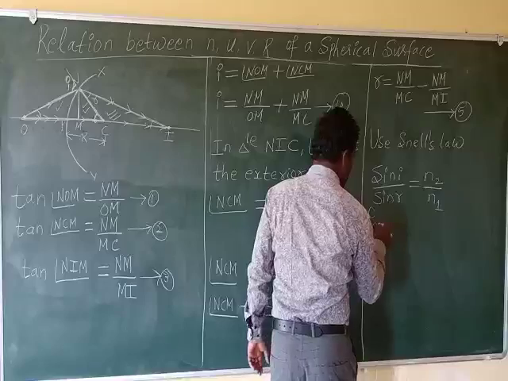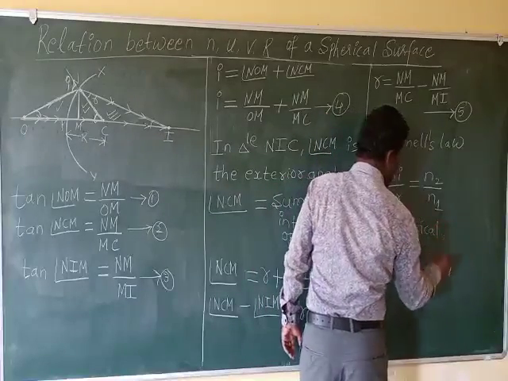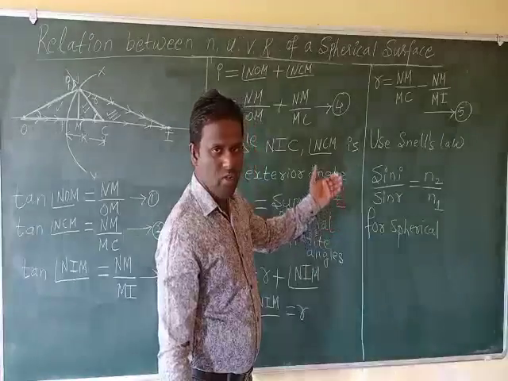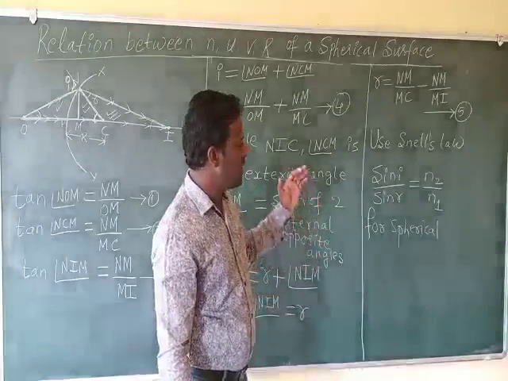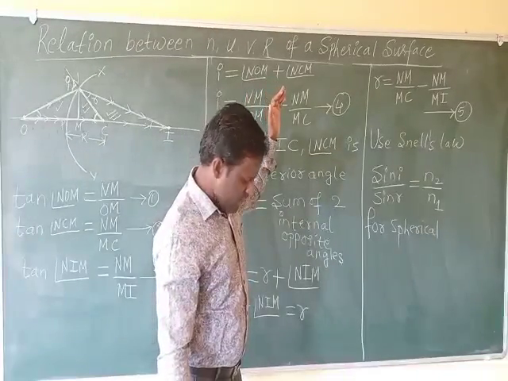So for a spherical surface, sin I can be taken equal to I and sin R can be taken equal to R, because the angle of incidence and angle of refraction are very small.